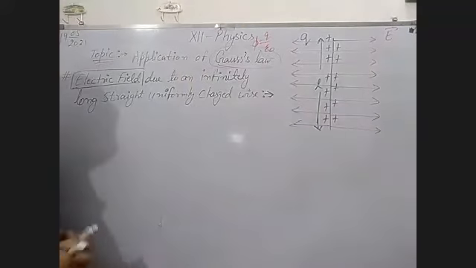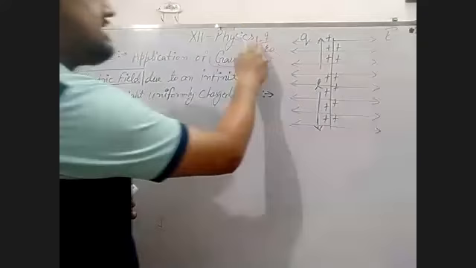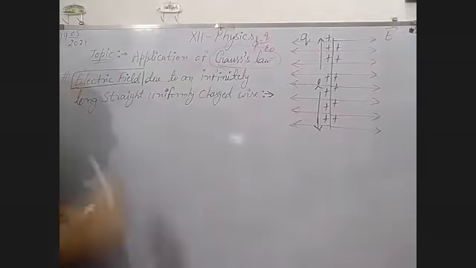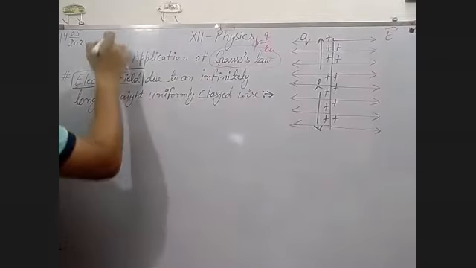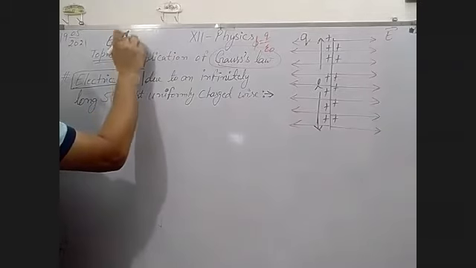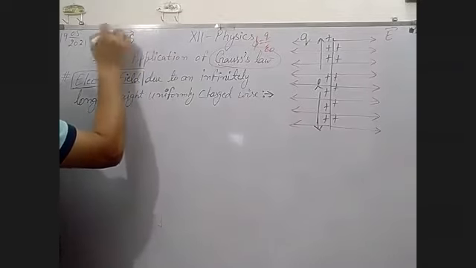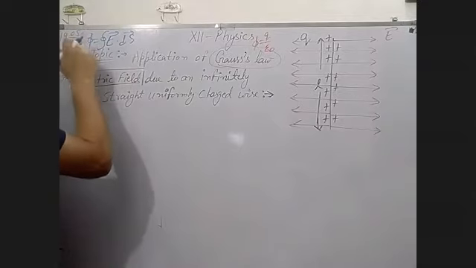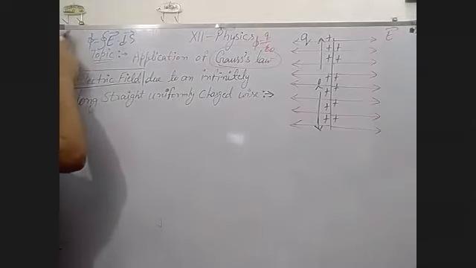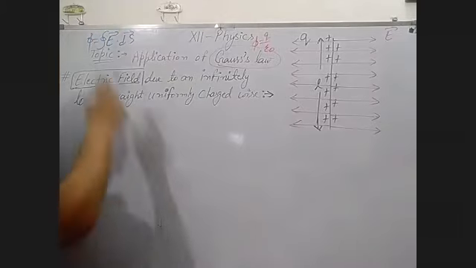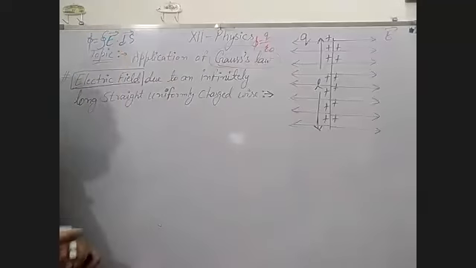Then how can you use this in the calculation of electric field? You know very well, electric field is also used for determining the electric flux: phi is equal to the surface integral of the electric field dot product with the surface, the dot product of two vectors, electric field and surface.